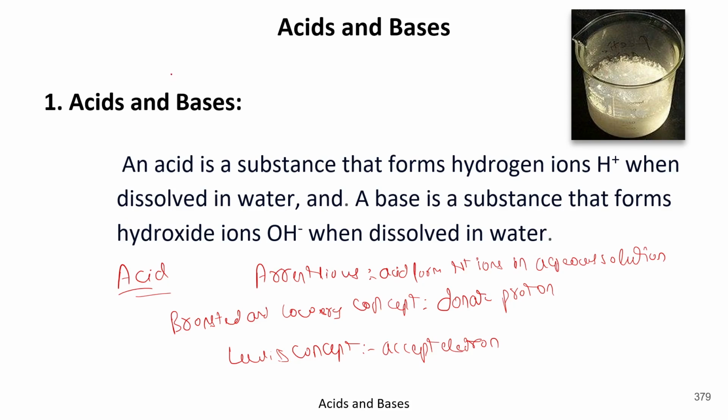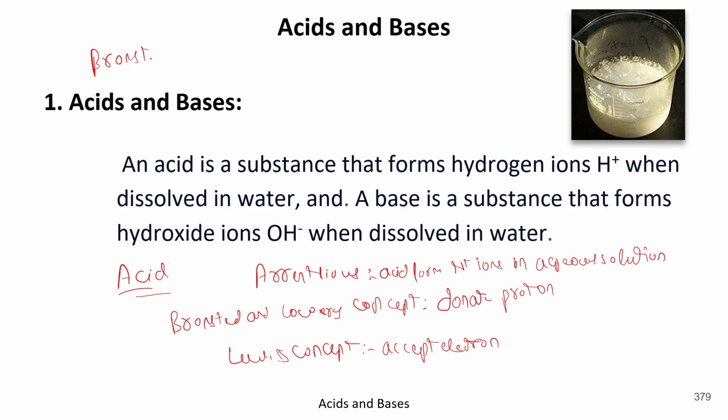Got it? So basically the Arrhenius concept, the Bronsted and Lowry concept and the Lewis concept each have their own definition of acid. Like Arrhenius said, an acid is the one which forms H plus ions in aqueous solution. Got it?